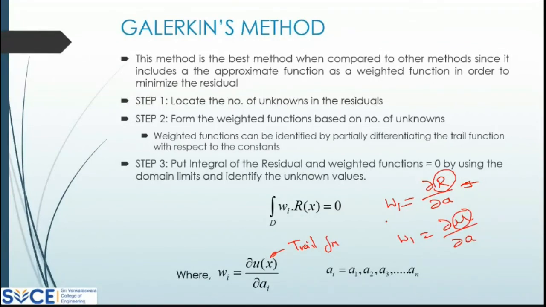All the procedure is the same. That's the only difference. This is a more accurate method. This is the only method which is very helpful in minimizing the conditions. Most of the FEM nowadays comes under this method, which is converted in terms of matrices.